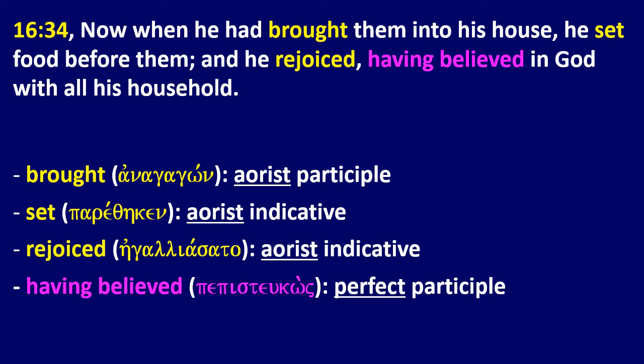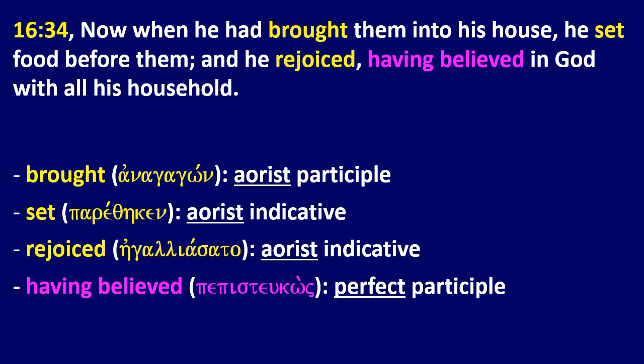And it's used to, again, put something at the very forefront of our thinking. What is the main point of this whole story here? It's that the Philippian jailer and his house believed, and they were saved, and they were rejoicing in the Lord. They had become believers. That's the main point.